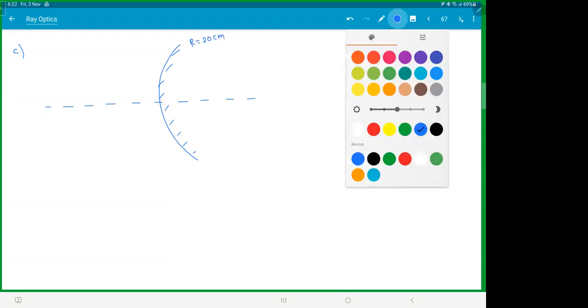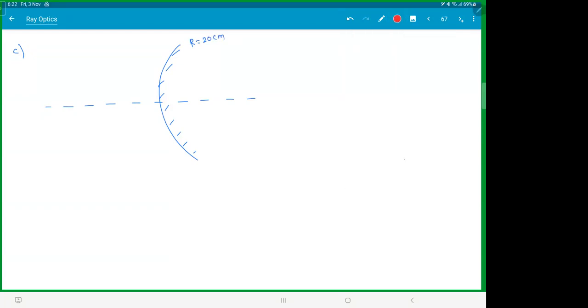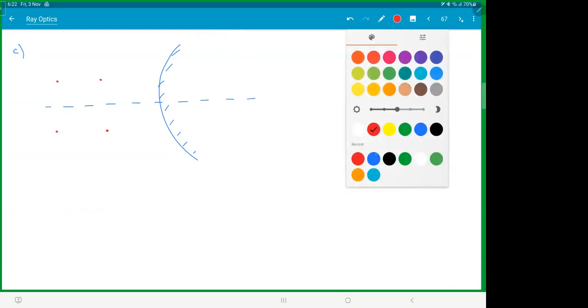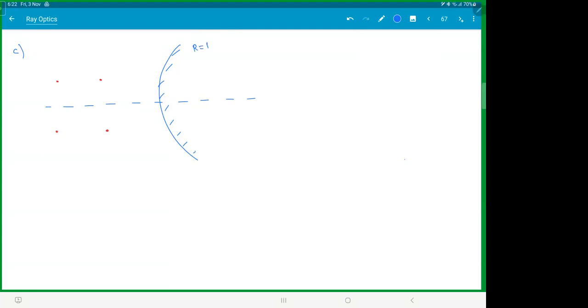Let's say r is 20 centimeters. Here we have a mirror. Let this radius be r. A, B, C, and D. This distance is r.